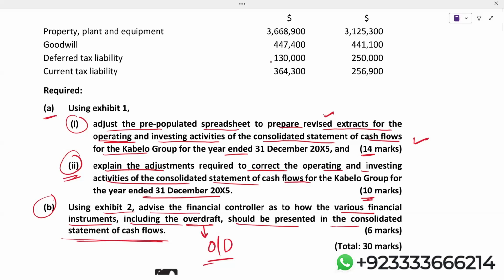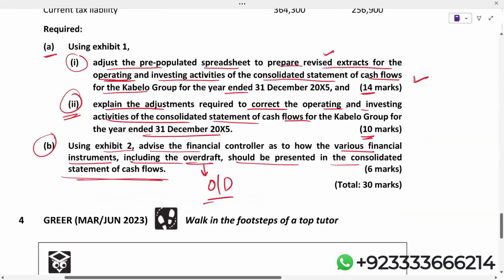But there's one more concept. What is that? Assuming my company has an OD limit of, say, $2 million. XYZ Bank has given us the facility of an OD limit of $2 million, meaning whenever we want, we can utilize this OD limit.